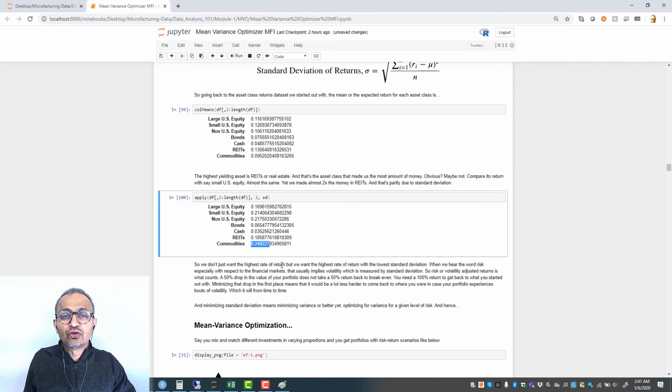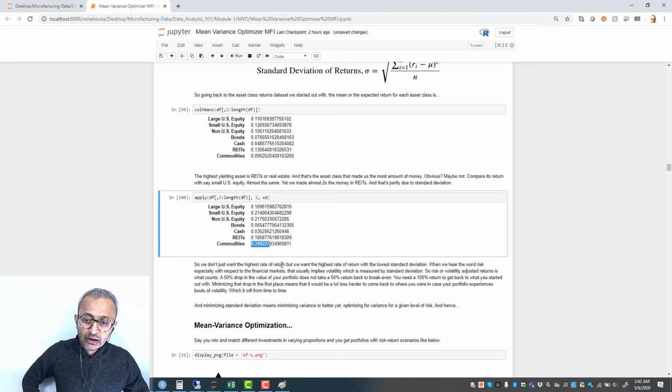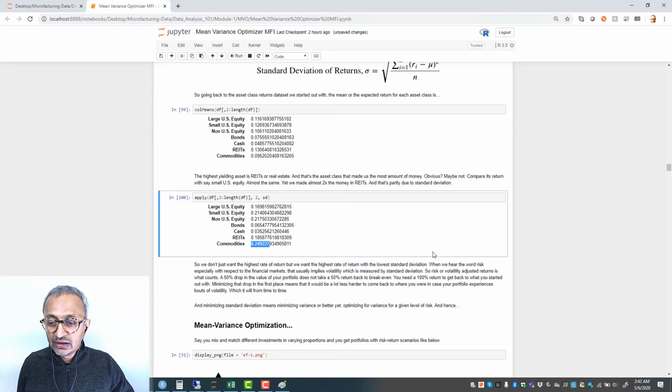When the financial guys talk about risk, they're talking about standard deviation most of the time. So risk or volatility adjusted returns is what counts. Volatility is another term for standard deviation. As I said before, a 50% drop in value of your portfolio does not take a 50% return to come back. $100 becomes $50.